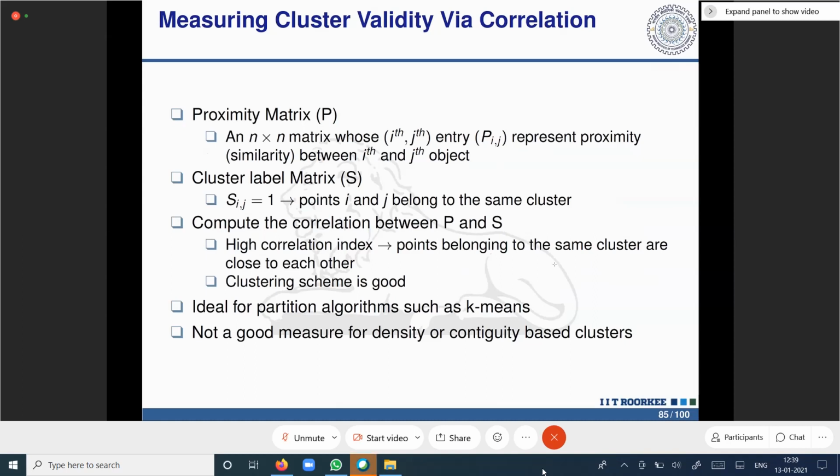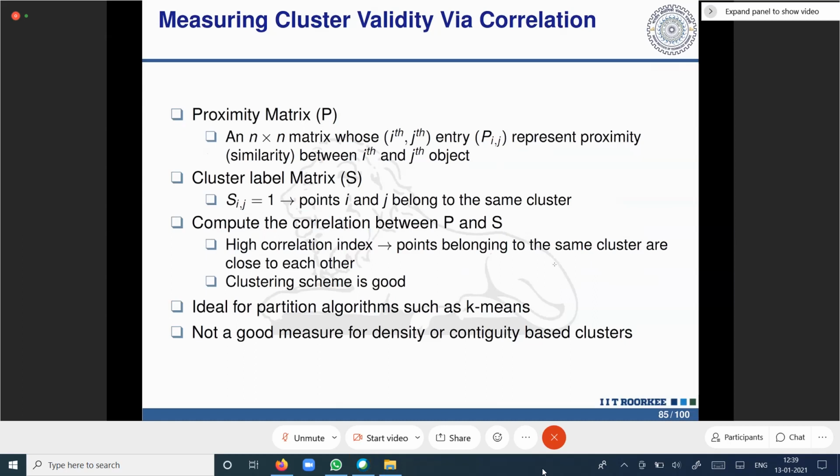So one way to do that is via correlation. We find a proximity matrix P, which is the proximity or similarity between the i and j elements. And then we have a cluster label matrix S, which is generated by the clustering algorithm. Then we find the correlation between P and S. If the correlation is high, that means points belonging to the same cluster are close to each other, which means the clustering scheme is good.